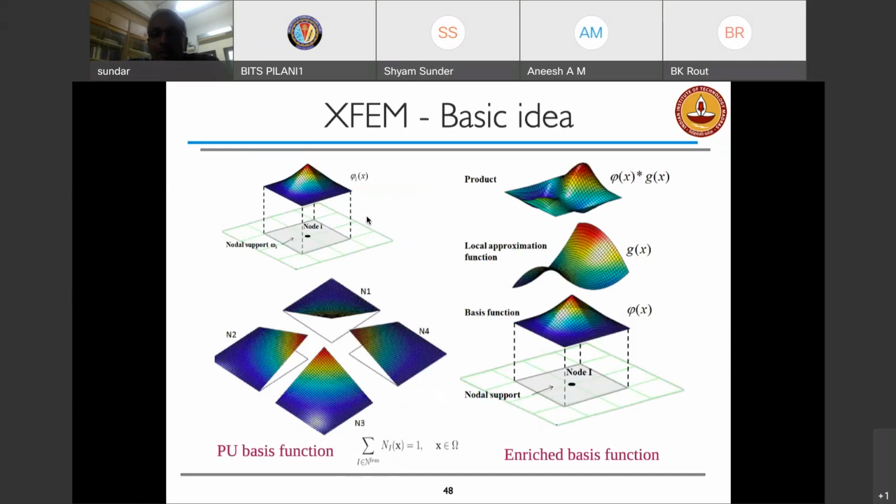So what does this additional function do to your approximation? Let's say you have a mesh of quadrilaterals, right? And if I concentrate on a particular node, which is shown as a black dot here, the approximation it takes is represented by this hat. Each of these are the shape functions that correspond to a particular element, and at that point you will see that it becomes 1 and it forms a hat.